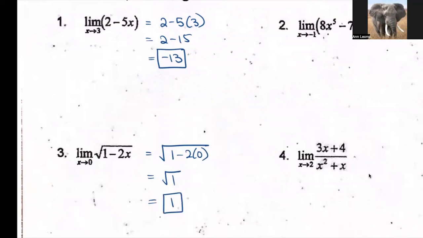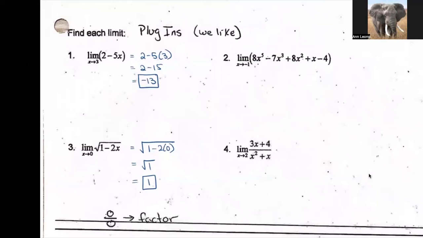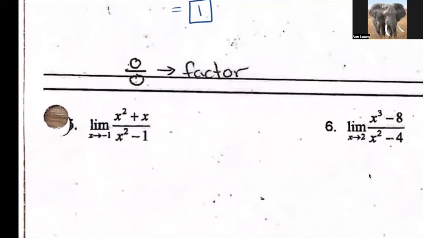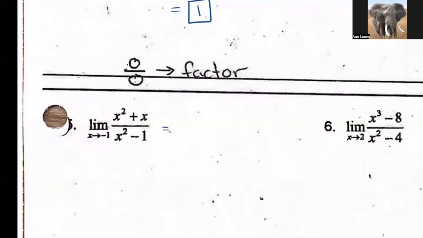All right. Why don't you guys, let me do one more actually. Let me do this one. All right, so this one I do need to factor because when I plug in the negative 1, I do get 0 over 0, so I need to factor. So take out your GCF for the numerator, and then do a difference of perfect squares on that one.